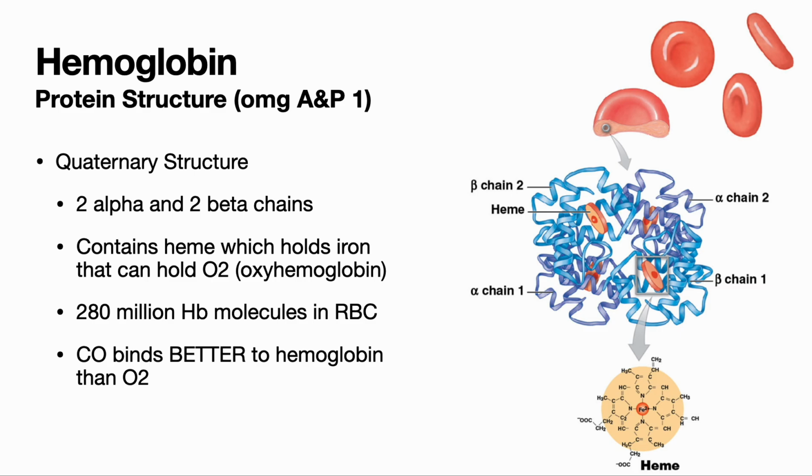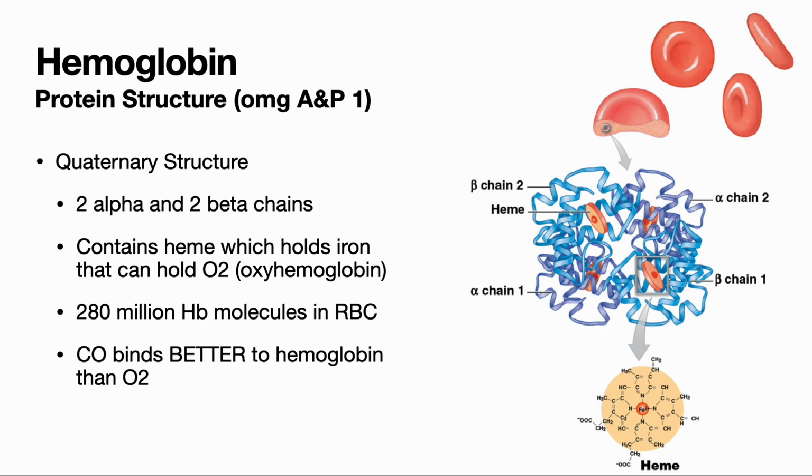Now, hemoglobin itself is kind of interesting. Again, a little flashback to A&P1 lecture. You should have learned about protein structure at the primary, secondary, tertiary, and quaternary levels. Hemoglobin is a quaternary structure protein. That means it has all 4 levels of protein structure.